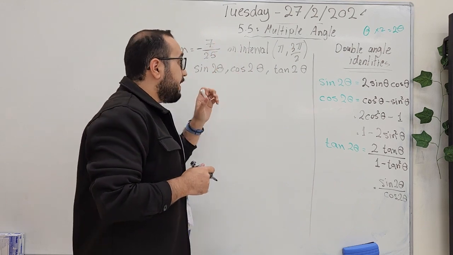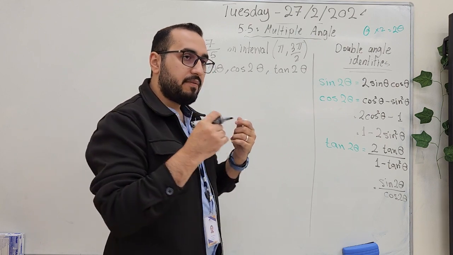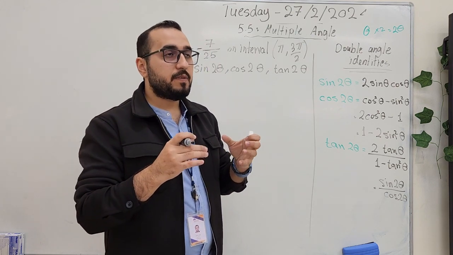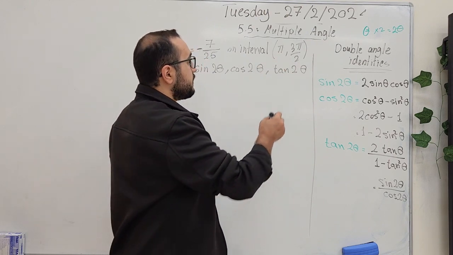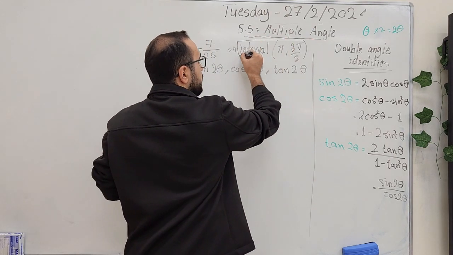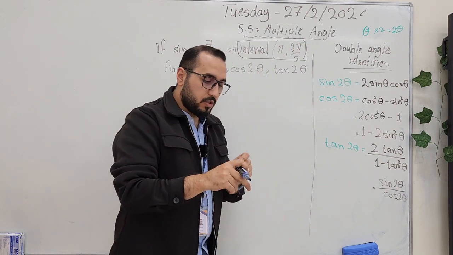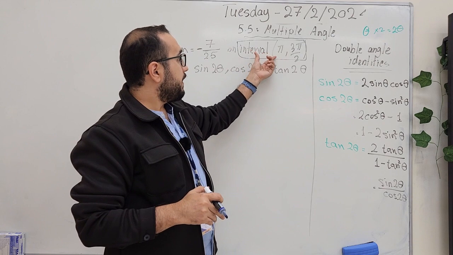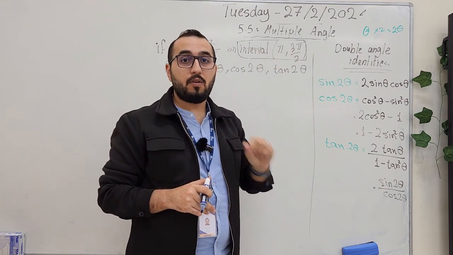First of all, the first step is always to graph the triangle. Before graphing the triangle, I need to work on the interval. Always start with the interval that you have in the question. Let me solve it in the blue one. The interval is saying from pi to 3 pi over 2.